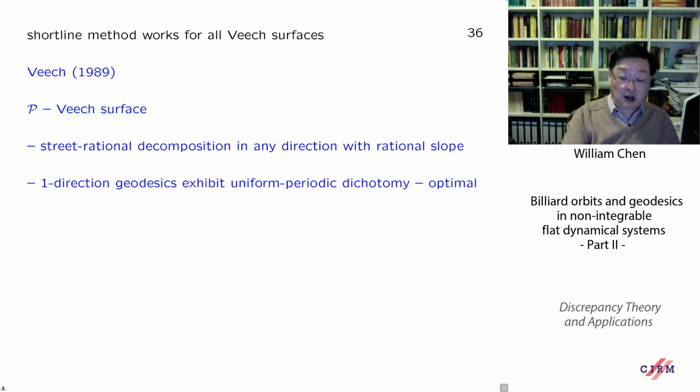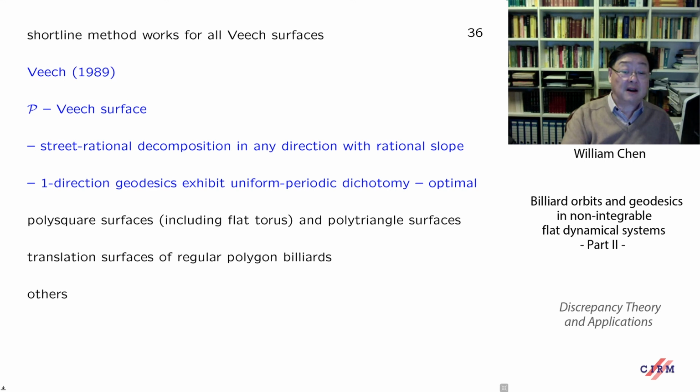There's this dichotomy, and this property is sometimes known as optimality. There are many examples of Veech surfaces, or the polysquare surfaces that we've discussed earlier, polytriangle surfaces, these translation surfaces that we obtain from playing billiards in regular polygons, and there are others.